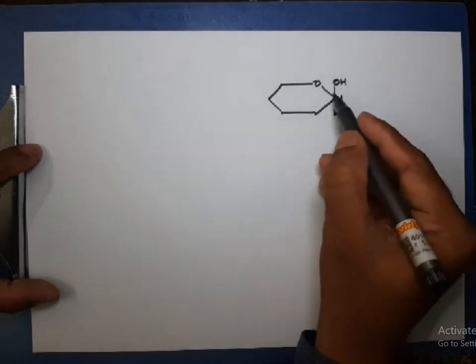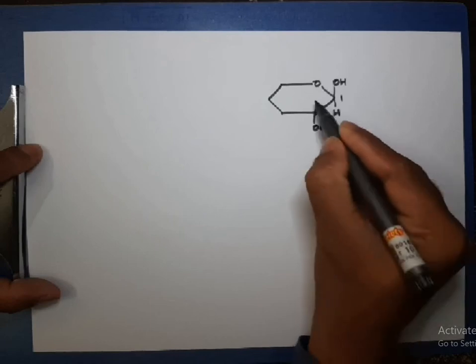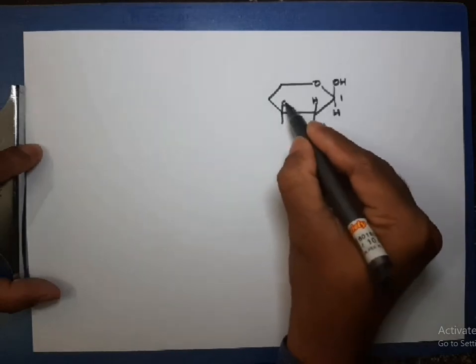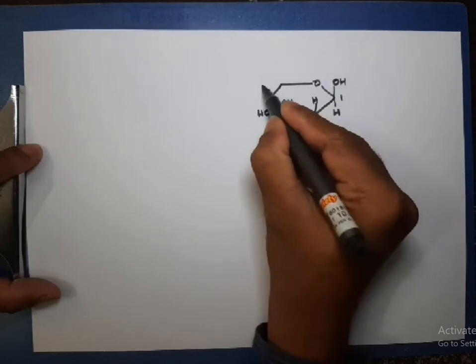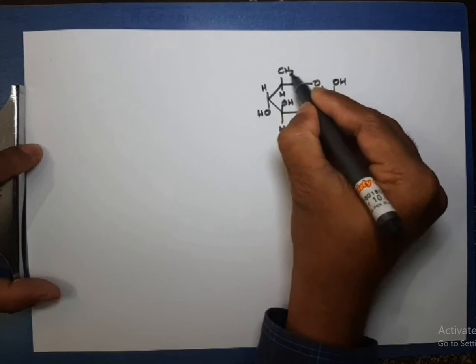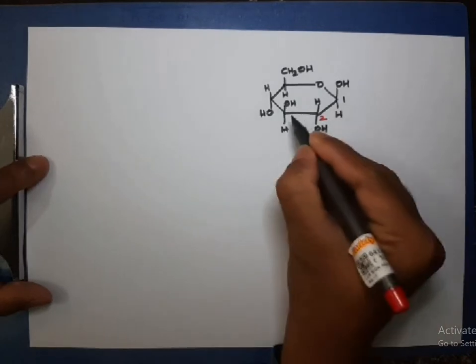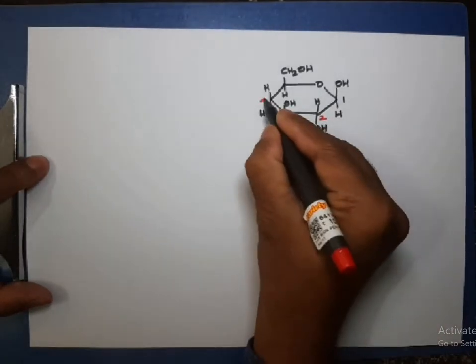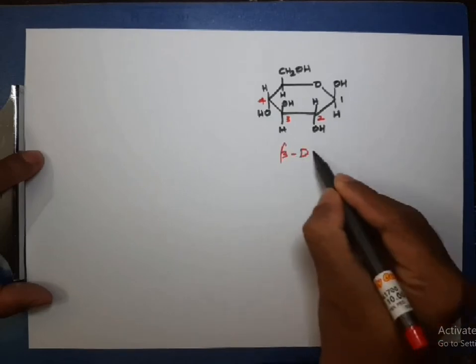Second carbon OH group down, third carbon OH group up, fourth carbon OH group down, fifth carbon always hydrogen down, CH2OH up. This is carbon number 1, and this is carbon number 2, 3, and this one is carbon number 4. This is beta D glucose.